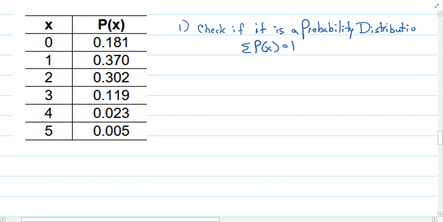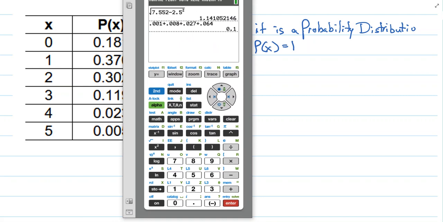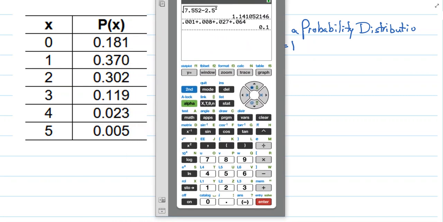So here we go. We're going to take our calculator. Nothing difficult. It always saves you work and aggravation if you do the steps.